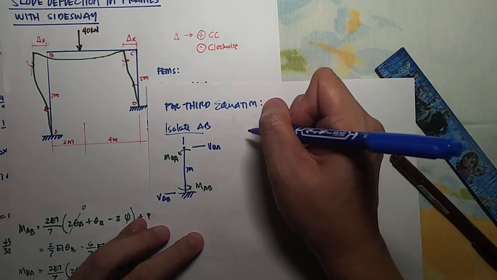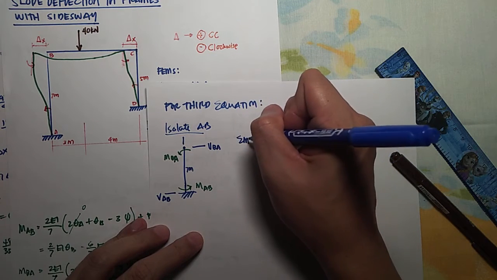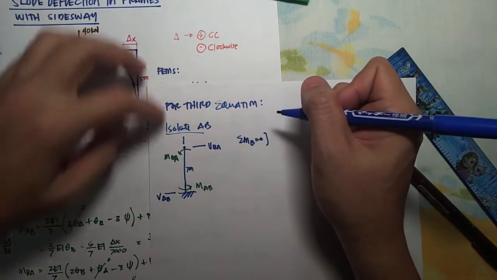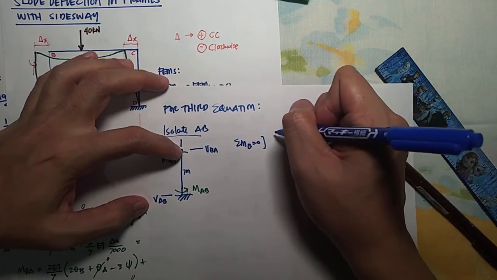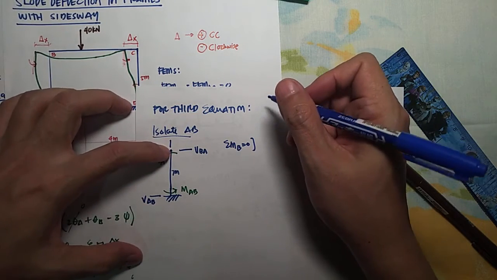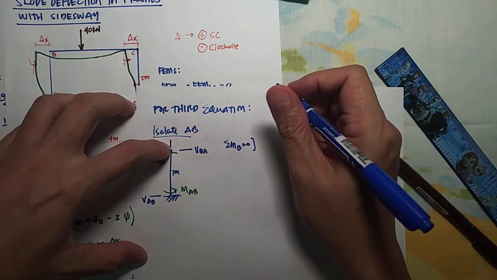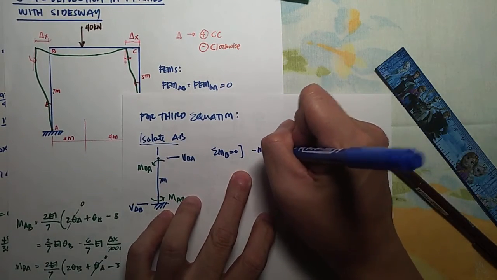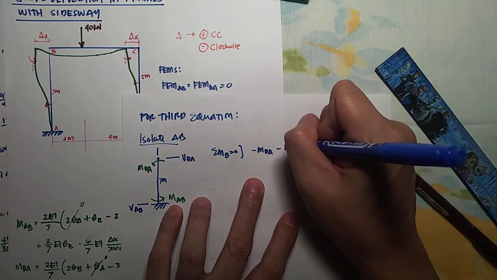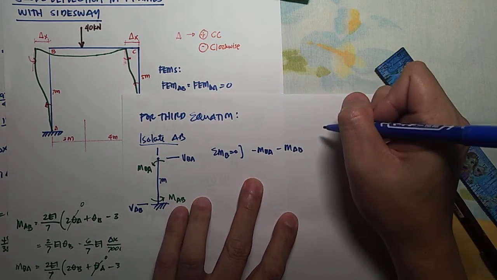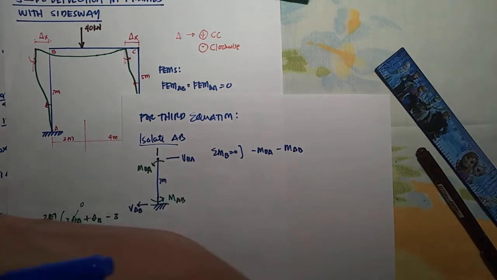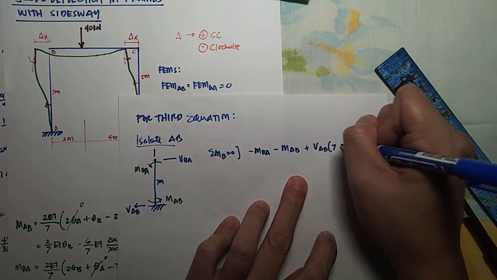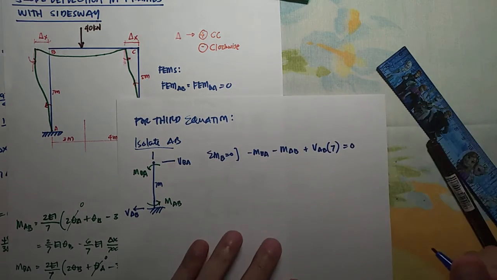Let's say summation of moment ako sa point B. So statics. So I'll have what? Negative MBA, then negative MAB. Let's say this is to the left, so plus VAB times 7 should be equal to 0.